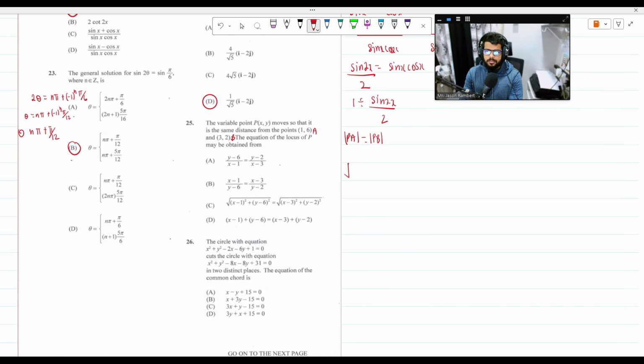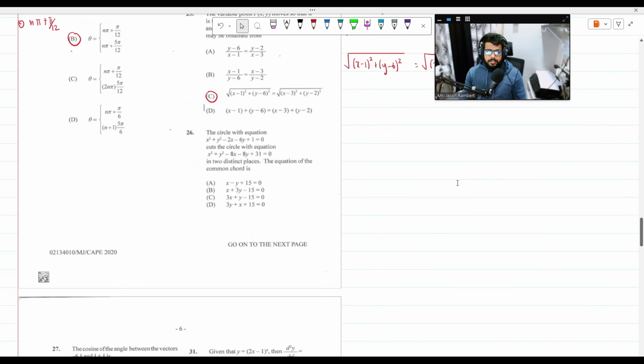So PA is going to be the square root of x minus 1 squared plus y minus 6 squared. And PB is going to be x minus 3 squared plus y minus 2 squared. And looking at the answers, C is the answer. Not that bad.